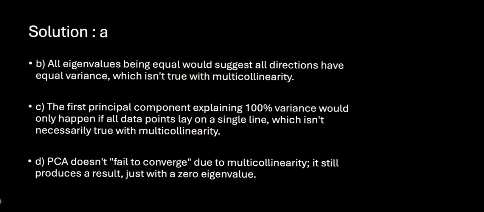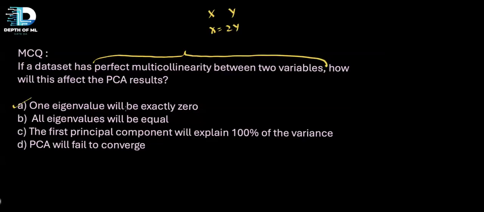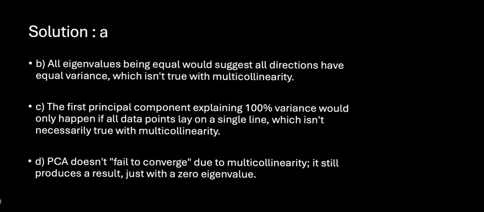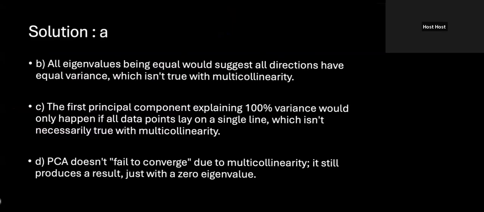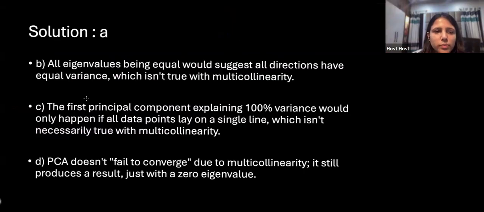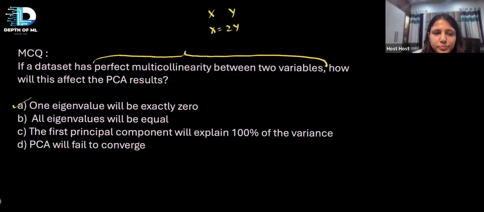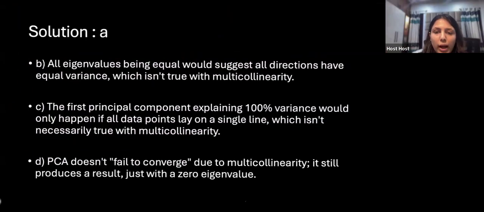So if all the eigenvalues are equal, it will suggest that all the directions have equal variance, which is not true in multicollinearity, right?